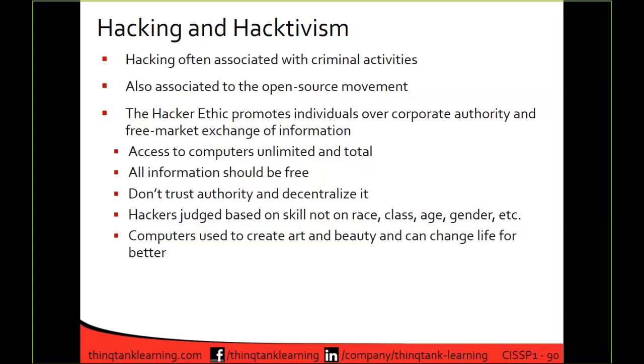The concept of peer-to-peer file sharing, Freenet, censorship resistant communication. In other words, being able to encrypt communications and the ability to communicate openly, all part of hacktivism.